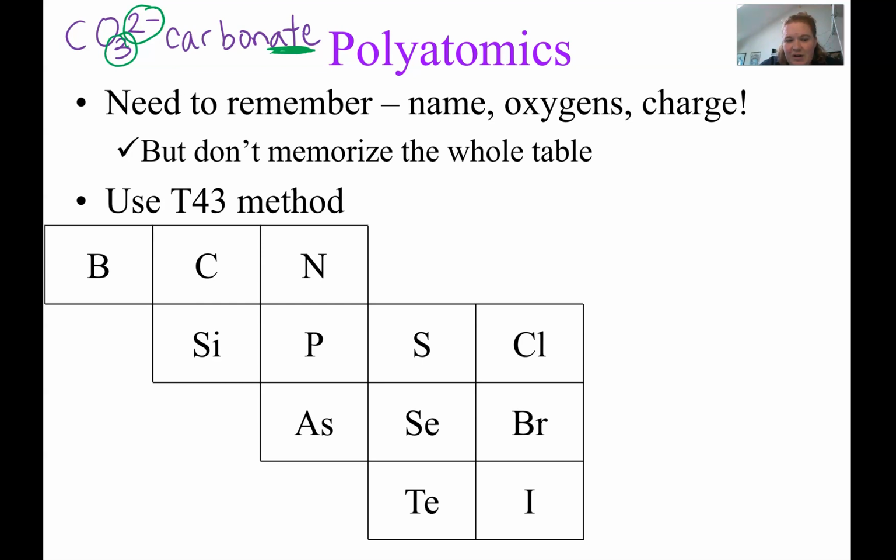So carbonate is CO3 2-, but sulfate is SO4 2-, and chlorate is ClO3-. So notice that even though they all have similar names, carbonate, sulfate, chlorate, there's not a consistency between their charges or their number of oxygens. So I'm going to erase all these so we don't get confused.